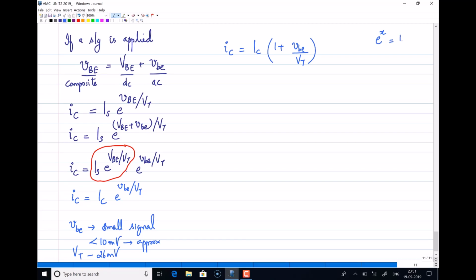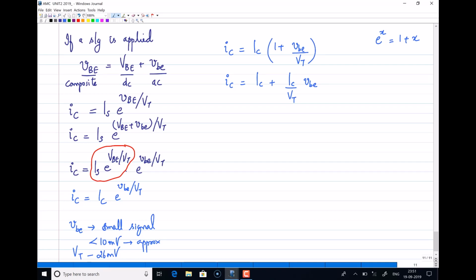That is the idea. Now this can be further written as iC equal to IC plus IC by VT into vbe.